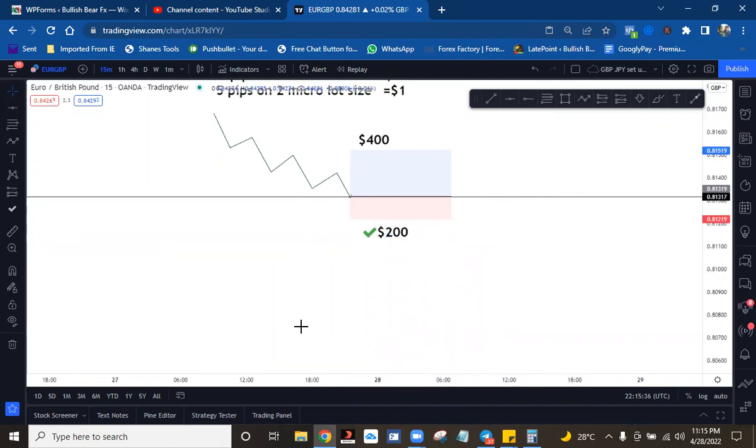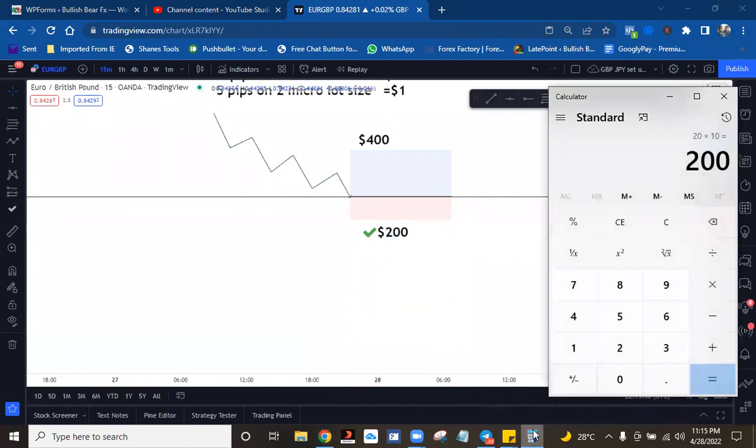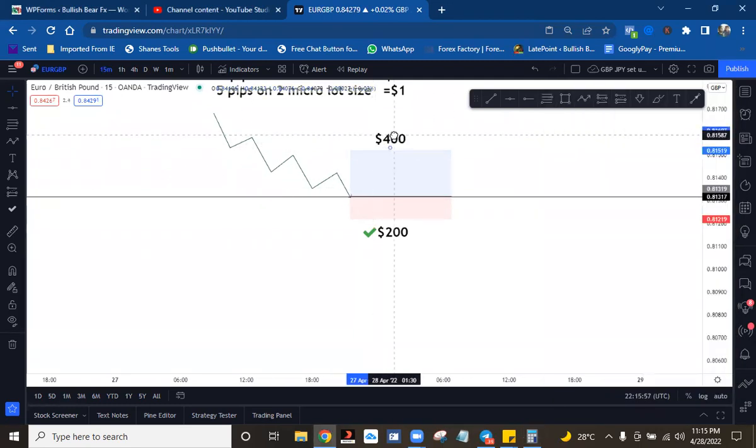Okay, now for your take profit, we have what? Formula for calculating your pips. Pip amount, again, we were targeting 20 pips, times standard lot size 2, times the value, which is $10 per pip, equals 400.